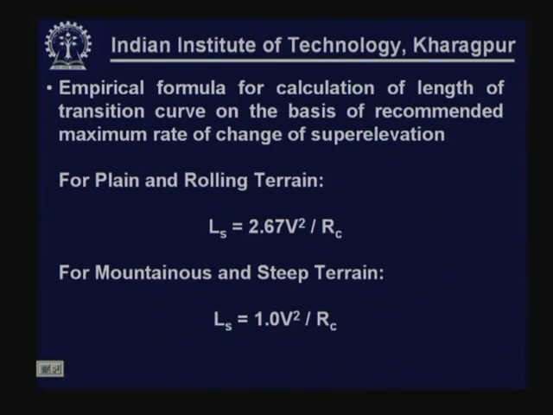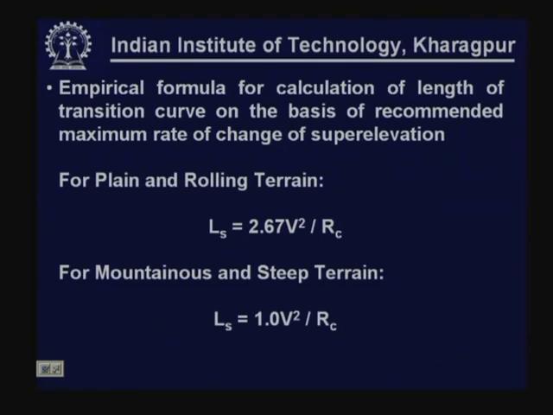Now, based on this rate of change of superelevation, which should be 1 in 150 for plain and rolling terrain and 1 in 60 for mountainous and steep terrain, IRC has also given empirical formulas. Considering that aspect and Indian standard conditions, these empirical formulas are sometimes used to check the length of the transition curve.